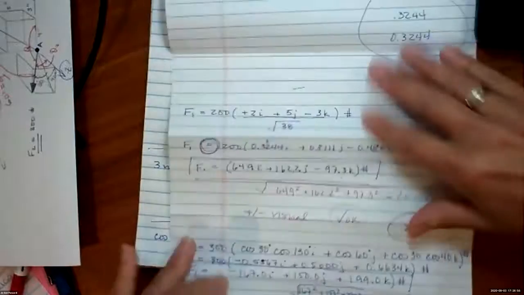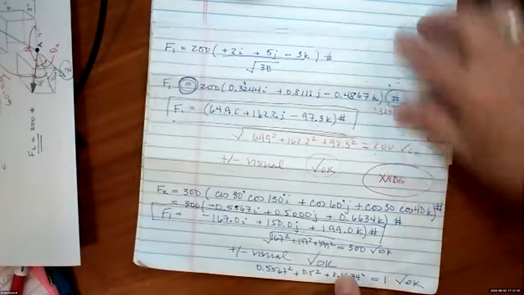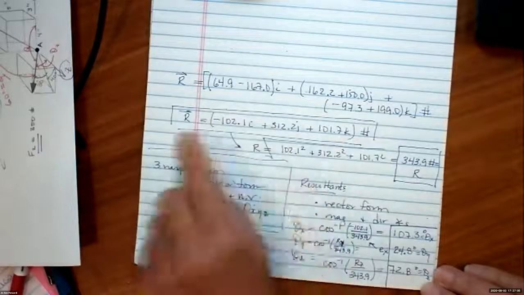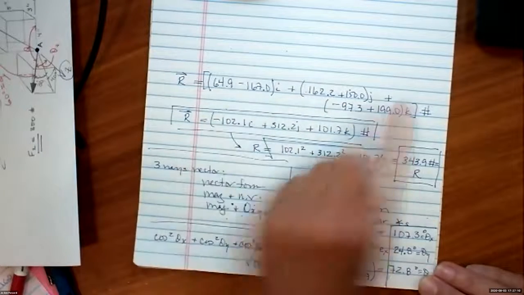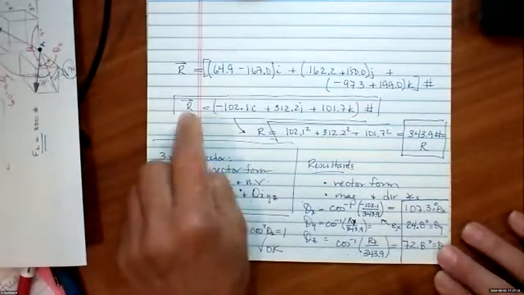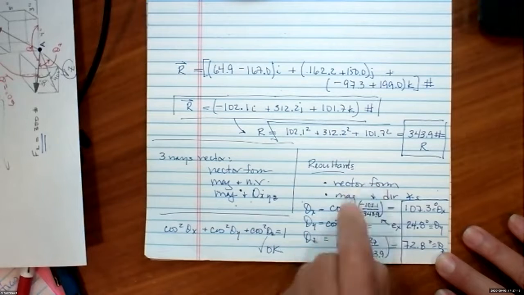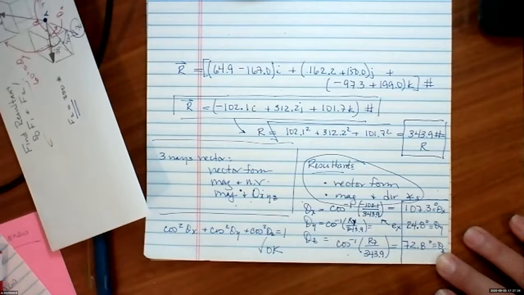We found the components of F1, did the 3 checks, found the components of F2, did the 3 checks, found the resultant by adding, using vector form. We represent adding the X, Y, and Z's. We represented the resultant as a vector form and magnitude and direction angle, which is typically how you represent resultants.